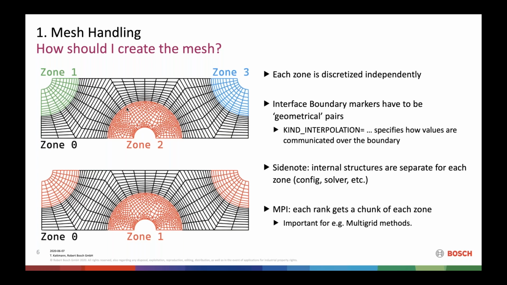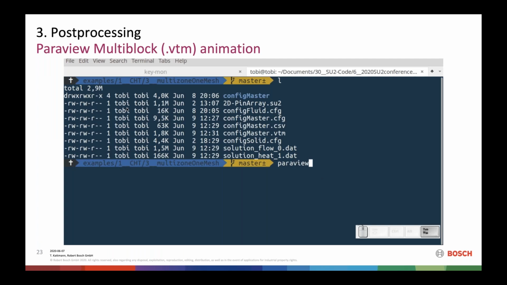And then maybe there's one more question. Somebody asks, does the ParaView multi-block output feature work for single zone simulations as well? Yeah, and I highly recommend using that. Because you will have all the features as I described. You will have the same folder, but just with one zone.